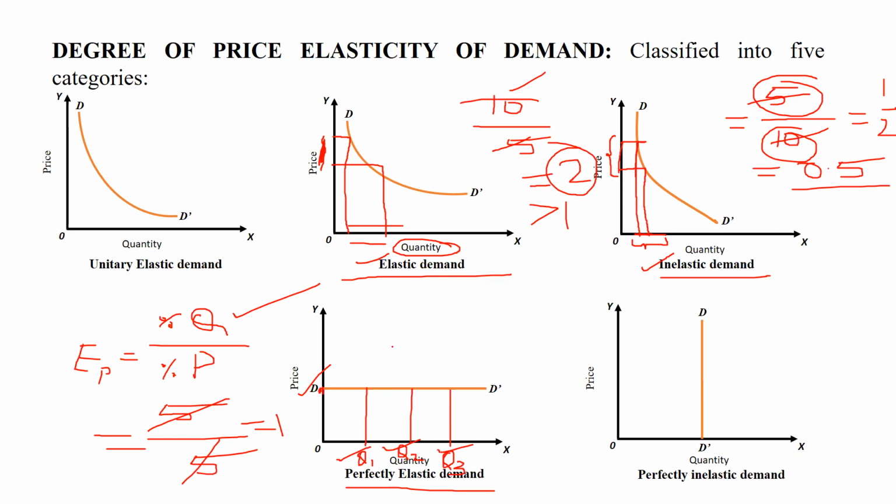Why? That means price is not responsible for the change in quantity. We are talking about other situations. It might be possible there's a festival season, and that is why people are demanding more sugar.